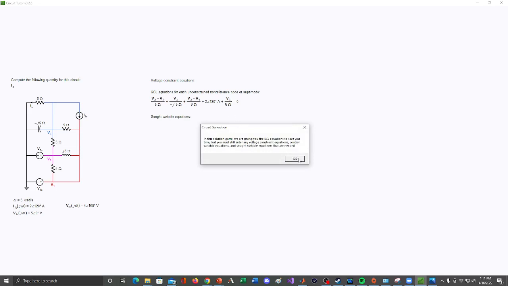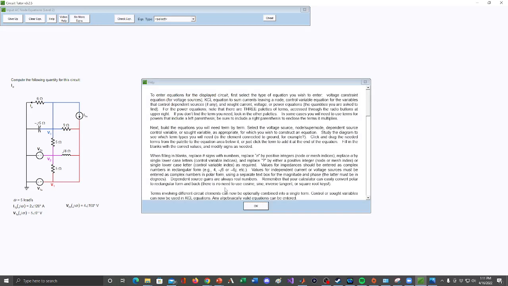Giving you the KCL equations to save me time. Voltage constraint equations, control variable equations. Anyway, it's fine.